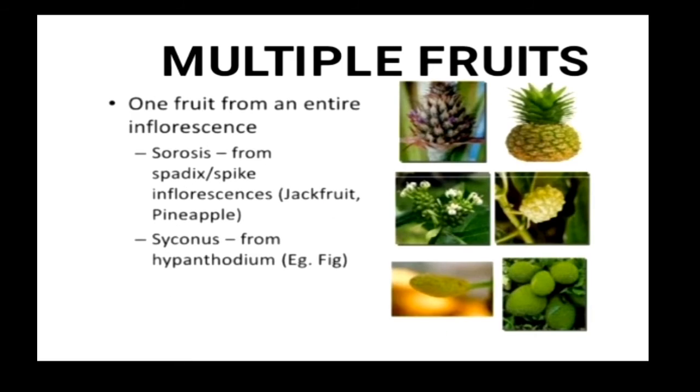One fruit formed from an entire inflorescence is called multiple fruits. There may be two types. They are sorosis and syconus. Jackfruit and pineapple are examples of sorosis. Fig fruit is an example of syconus fruit.